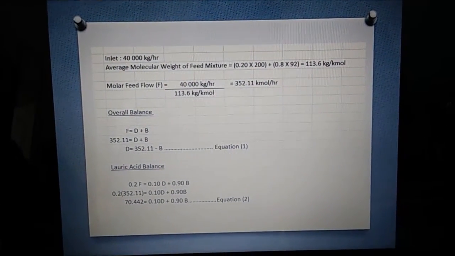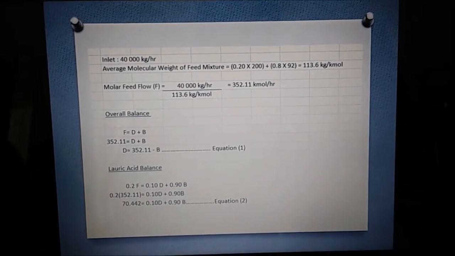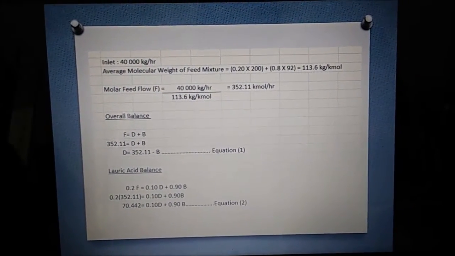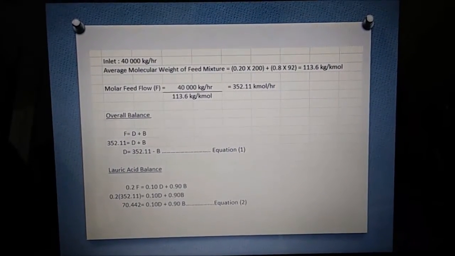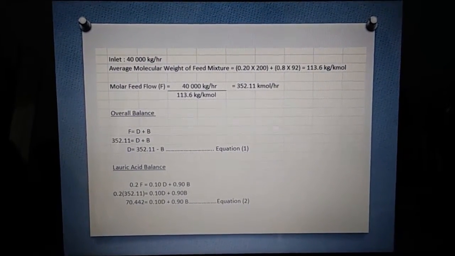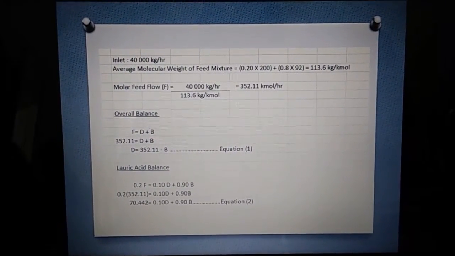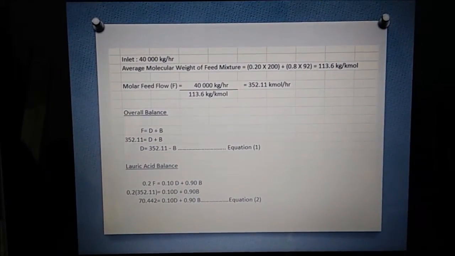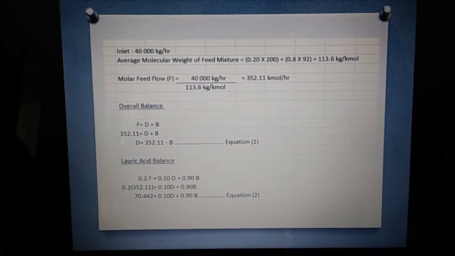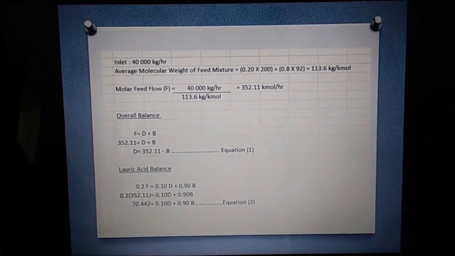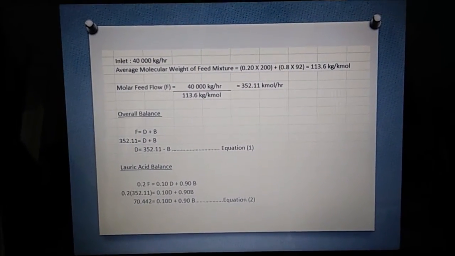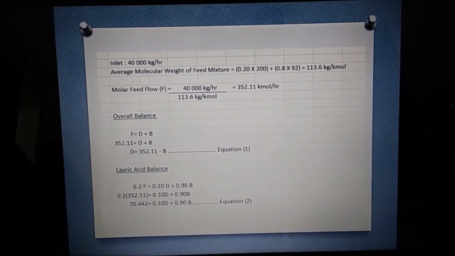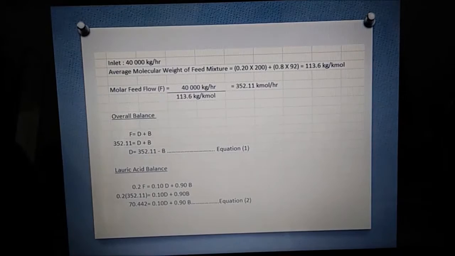We assume that the inlet is 40,000 kg per hour. The average molecular weight of the feed mixture, for glycerin and lauric acid, is 113.6 kg per kilomole. So we calculate the molar feed flow, which is 40,000 kg per hour divided by 113.6 kg per kilomole, and we get 352.11 kmol per hour.